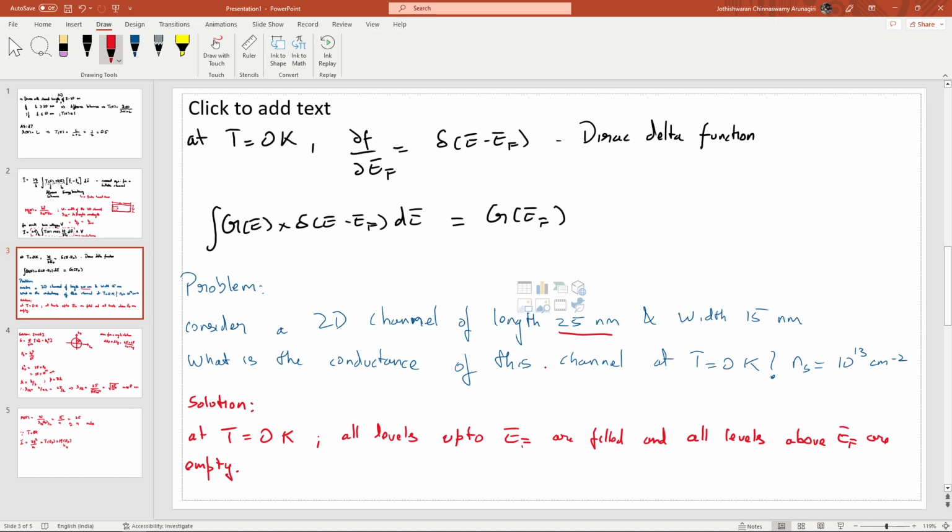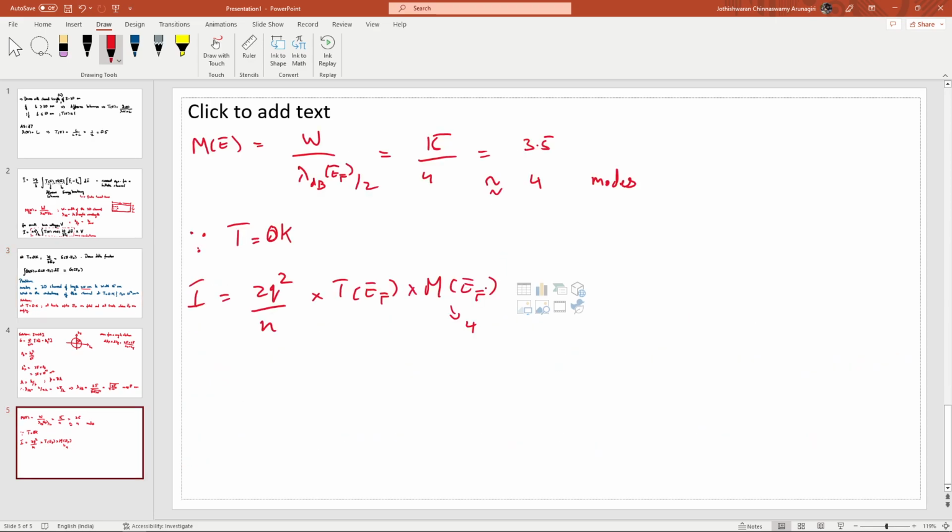It is 3 times the mean free path. Typically the ballistic approximation should be taken when the channel length is at the mean free path or lesser than that. But in this case, it is well over 3 times. So we have to calculate T of EF.